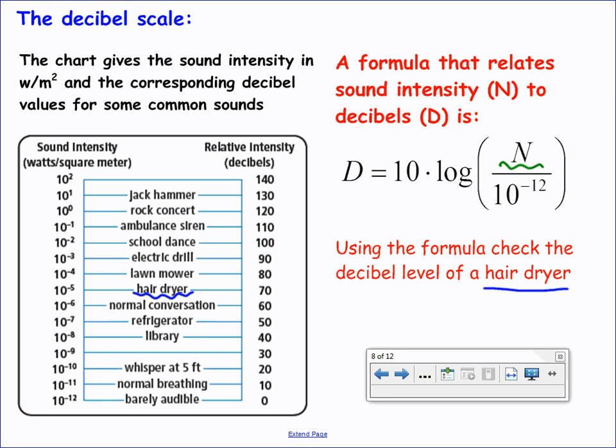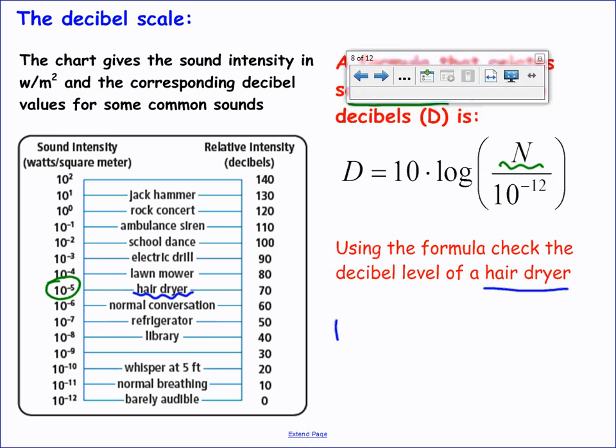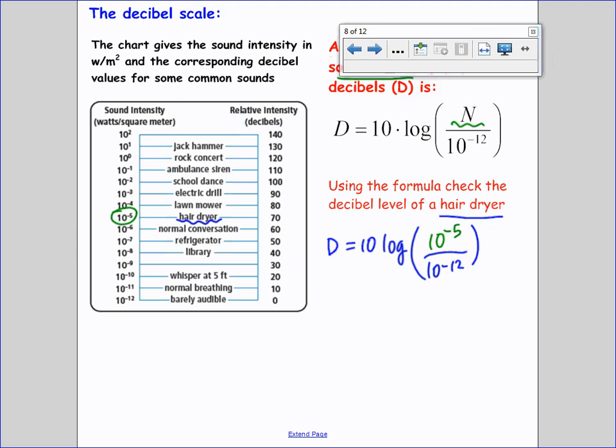So what are we going to plug in for N? N is my sound intensity, and for a hairdryer it's 10 to the negative 5th watts per square meter. Let's evaluate. D equals 10 times log of, and for N we put 10 to the negative 5th, over 10 to the negative 12th. We now have an opportunity to apply our properties of exponents.